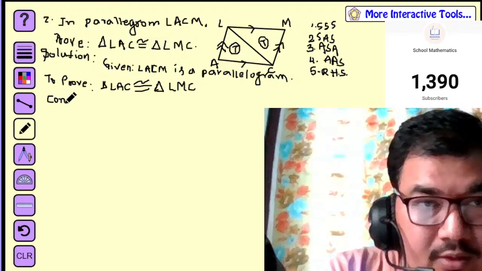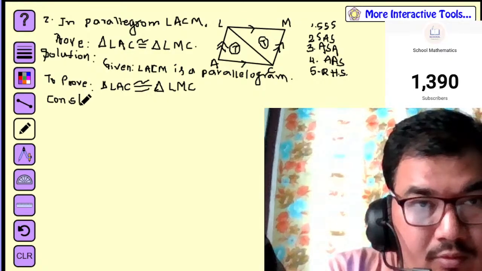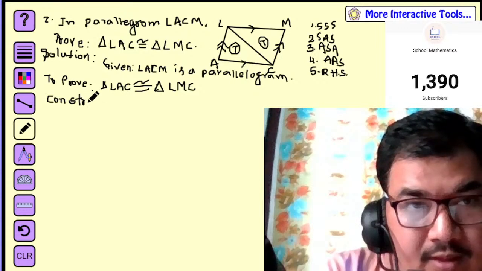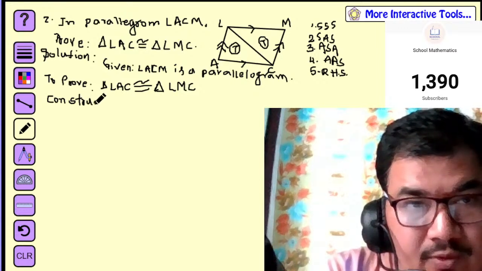We have done construction in the parallelogram. Okay, there was given just LACM, and in construction, what do we need to write?